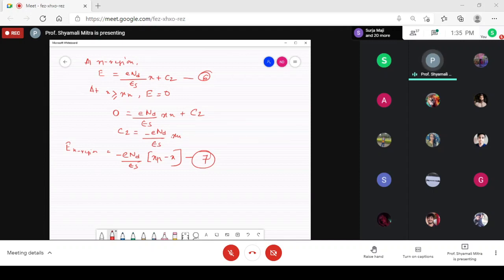Now, there are several layers of approximation. If you keenly notice these derivations, there are several layers of approximation that we are taking into account. The first approximation is that we have directly applied the abrupt junction, but in an actual scenario, such an abrupt junction may not happen because of several design issues.